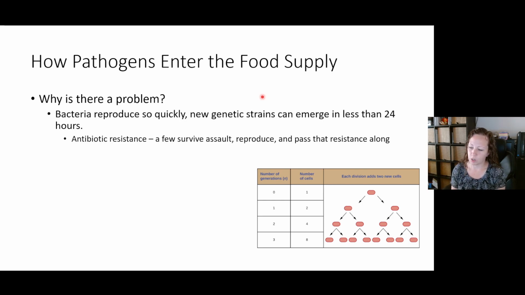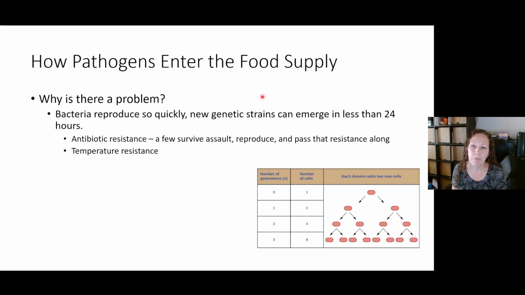And they're giving it at low levels that aren't enough to actually kill all the bacteria. And so the bacteria that survive become more and more resistant to that antibiotic, and you get antibiotic resistance.